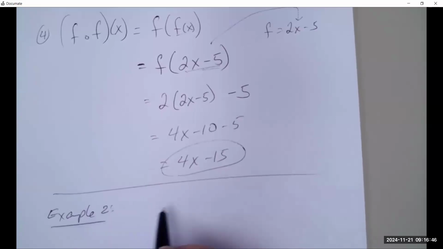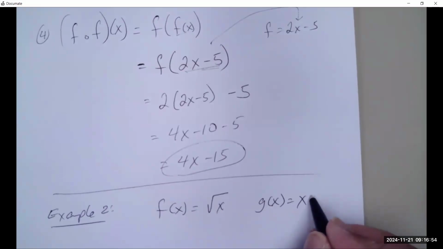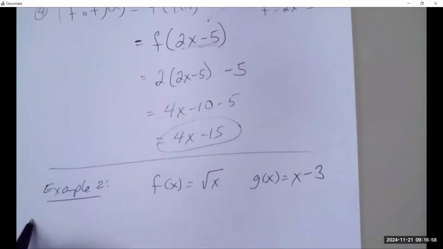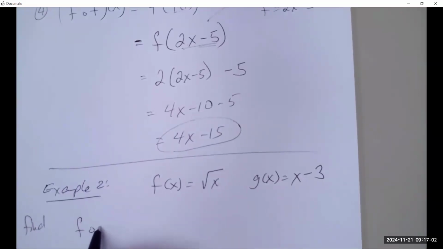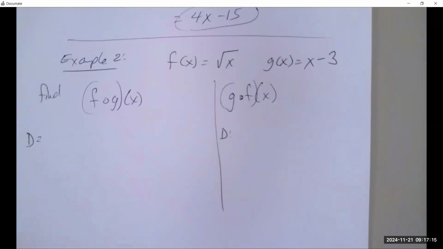Example 2. If f of x equals square root of x and g of x equals x minus 3, find f of g and then g of f, and then tell me their domains.